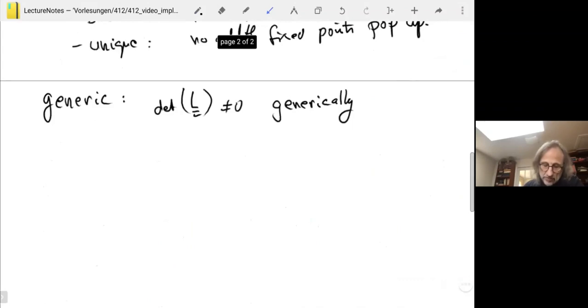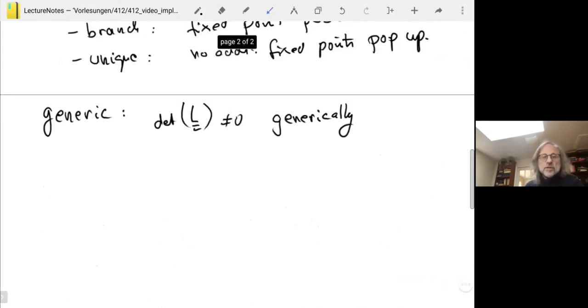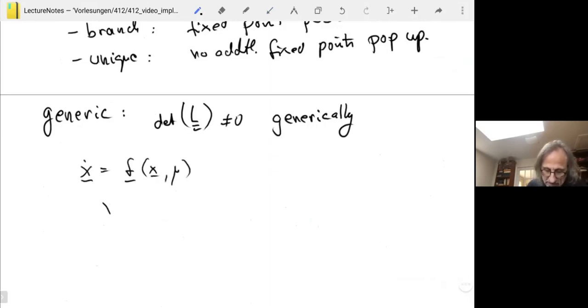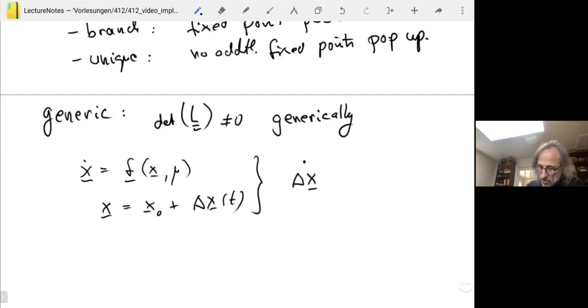The other thing we want to point out is that we mentioned before that when the determinant of L is 0, that is when an eigenvalue of L is 0. But what is L? L was the linearization of our differential equation. If we say x is equal to the fixed point plus some small delta x as a function of time, then we can expand around the fixed point and we get a differential equation for that small change, which will be L times delta x.